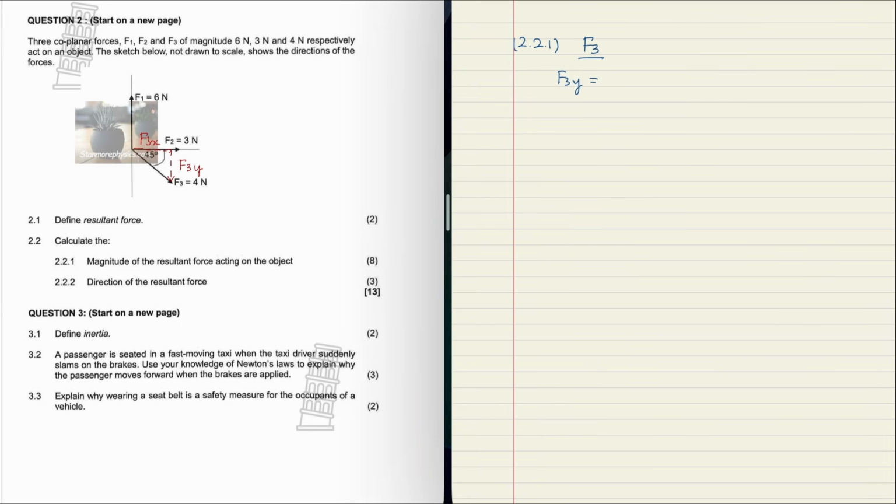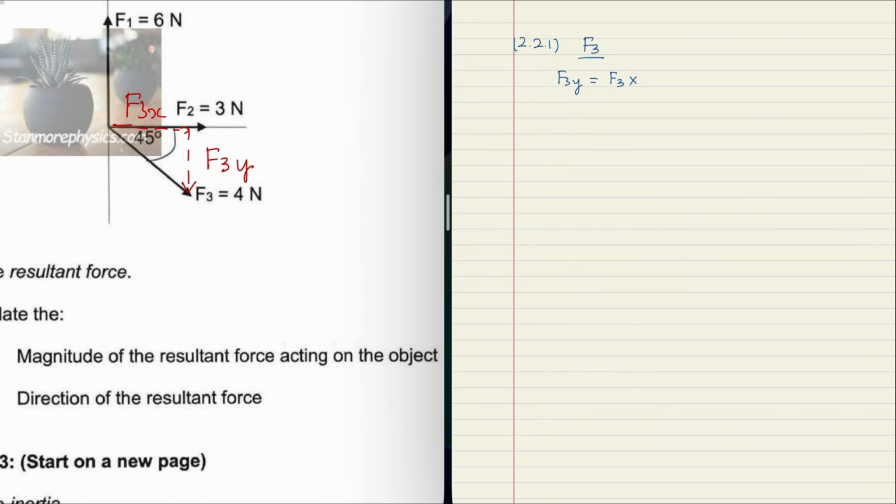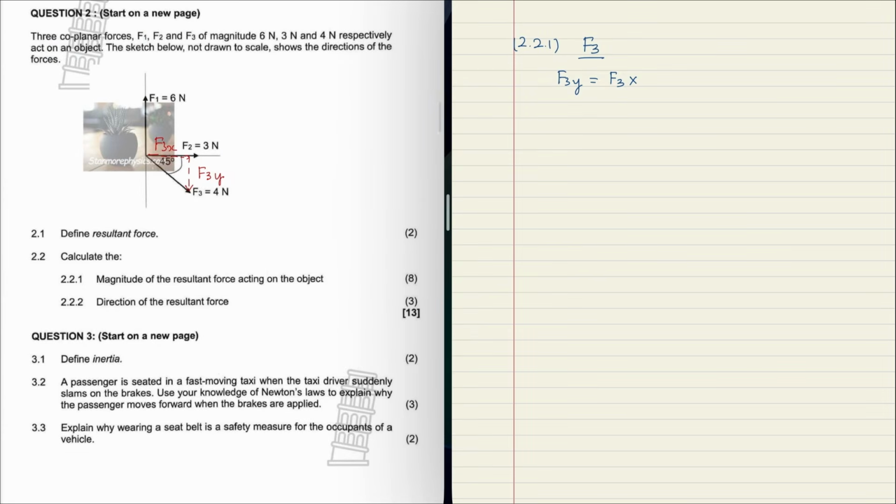So F3y is going to equal F3 times, now if you look at this triangle, F3y is opposite the angle. So the trig ratio that uses opposite and the hypotenuse is sine. So F3 sine 45 degrees.